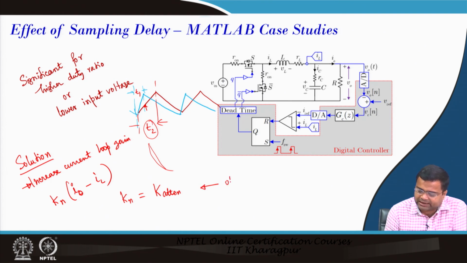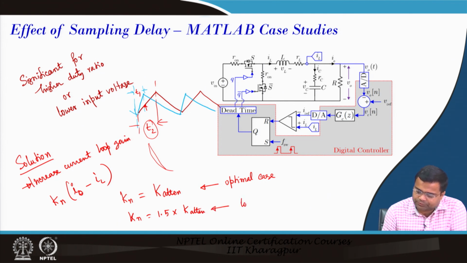For the optimal case we choose the attenuation factor K, but now we will choose Kn maybe some 1.2 times K attenuation, that is to provide phase boost.